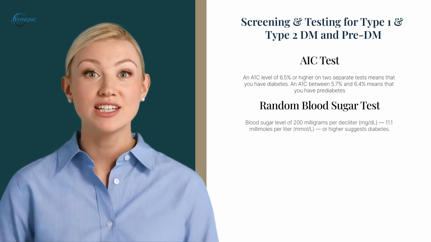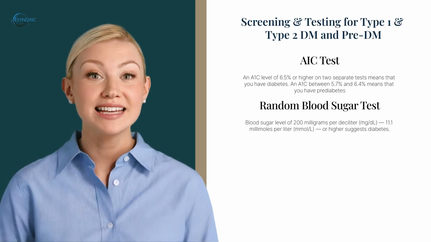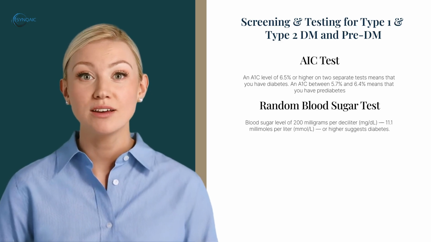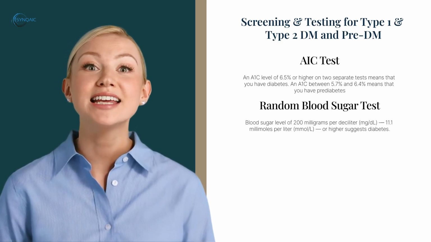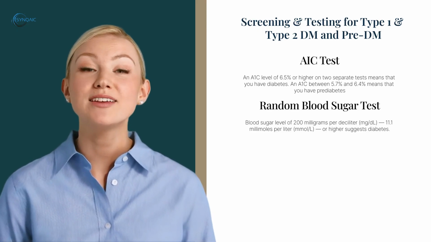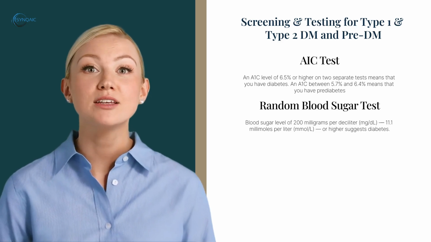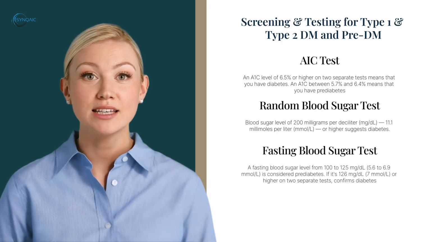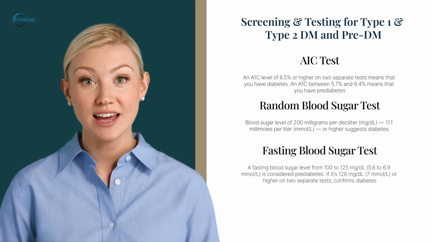In a random blood sugar test, a blood sample is taken at any time, regardless of the last meal. A blood sugar level of 200 milligrams per deciliter, abbreviated as mg/dL, or 11.1 millimoles per liter, abbreviated as mmol/L, or higher suggests diabetes. For a fasting blood sugar test, a blood sample is taken after an overnight fast.